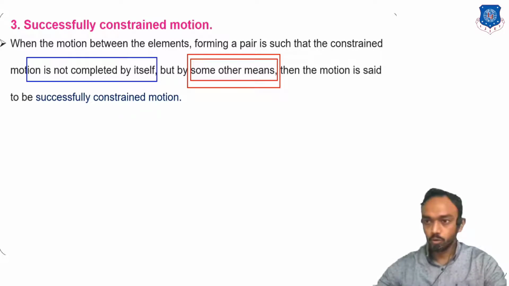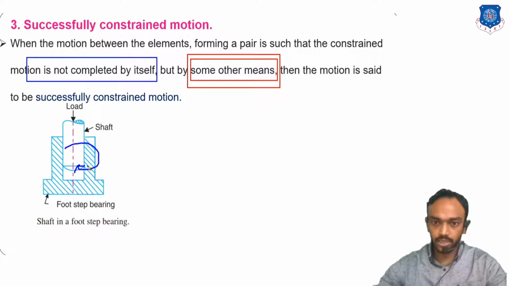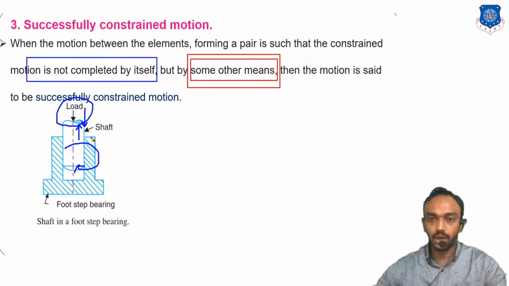Check this example: this shaft in a circular hole, a footstep bearing. It can rotate, and it can be moved upward, but after applying the force in the downward direction, it will not move in the upward direction.